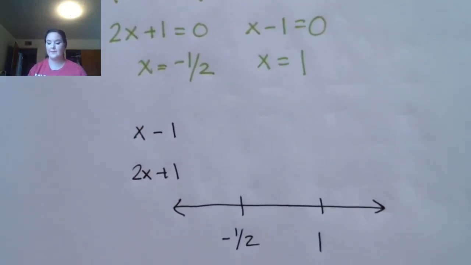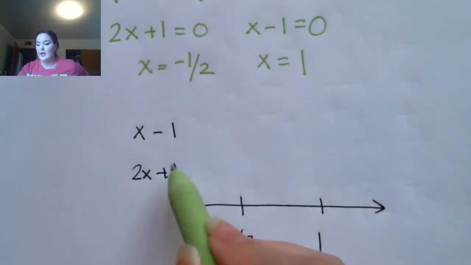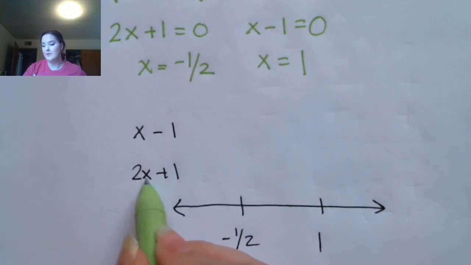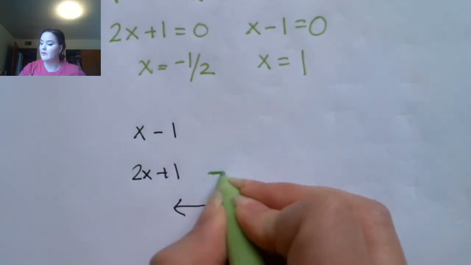Now remember, when you're plugging in points to check here, you want to plug in things that are easy to check. So I don't want to check like -3/4 or like -10.5. I just want to check something easy, something that's less than -1/2 but is easy to check, something like -1. So I'd have 2 times -1, which is -2, plus 1 is -1, so that'll be negative.